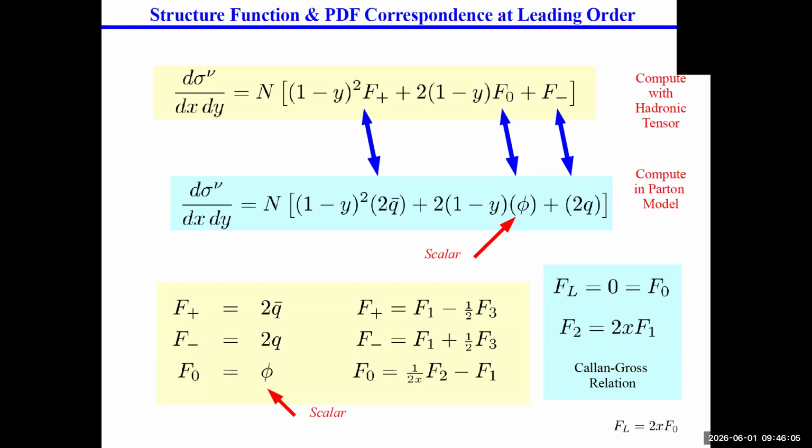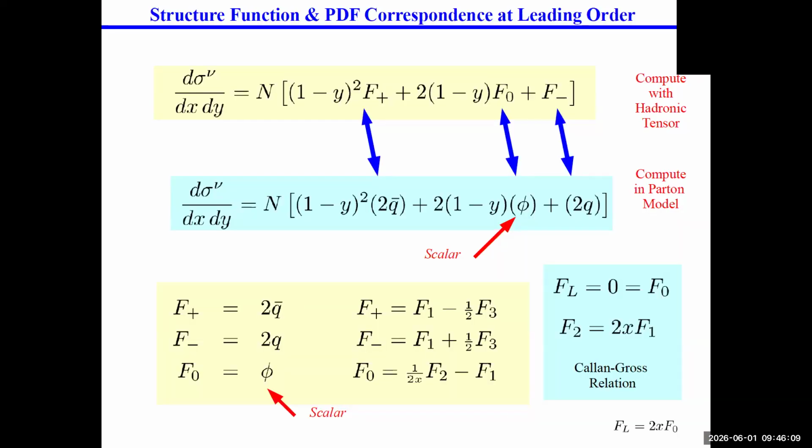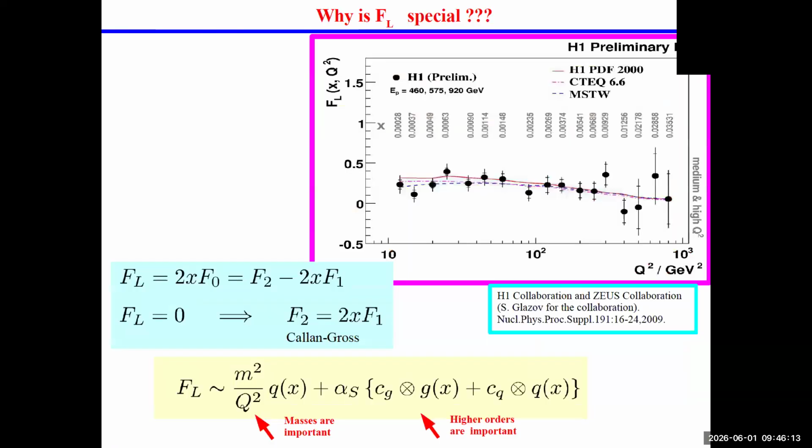Okay. Now, let me go into a little bit more detail about the longitudinal structure function, because I'm working at leading order, but at HERA, they've measured this very accurately. And the longitudinal structure function is special. And the longitudinal structure function is related to the scalar with the factor here, but it's not completely 0.